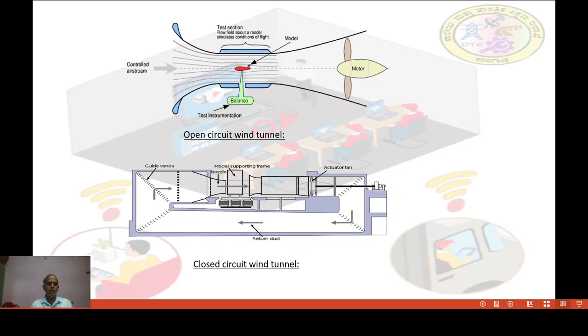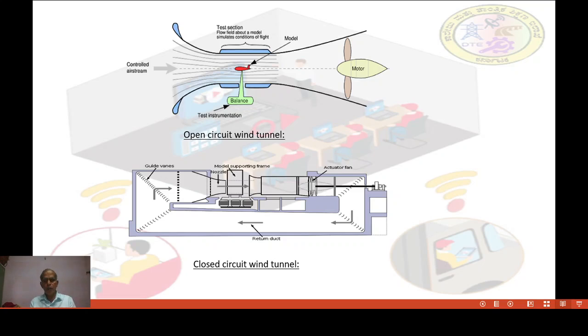Again, one more very important type, closed circuit wind tunnel. As shown in the figure clearly, the inlet and outlet are connected. The main parts here: guide vanes, meaning to give direction to the airflow.